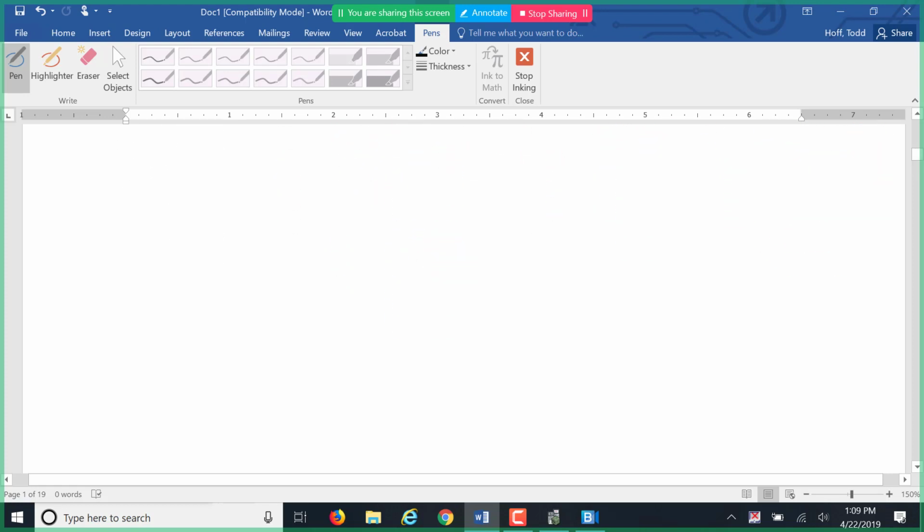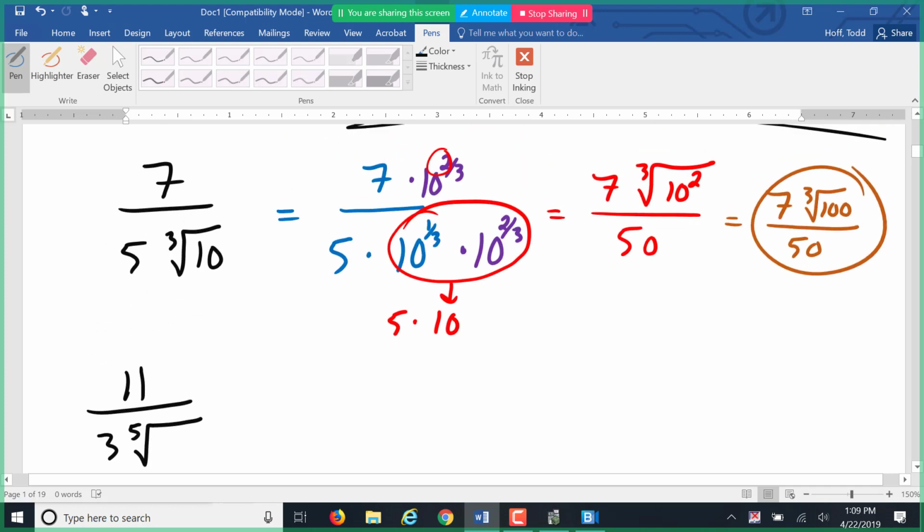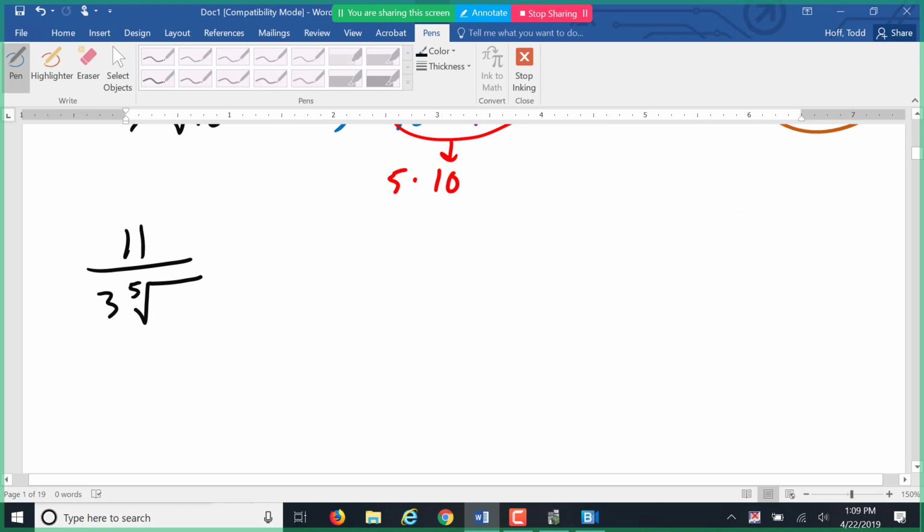Let's look at another example of that. Let's do 11 over 3 times the 5th root of, oh, let's see here, 18.